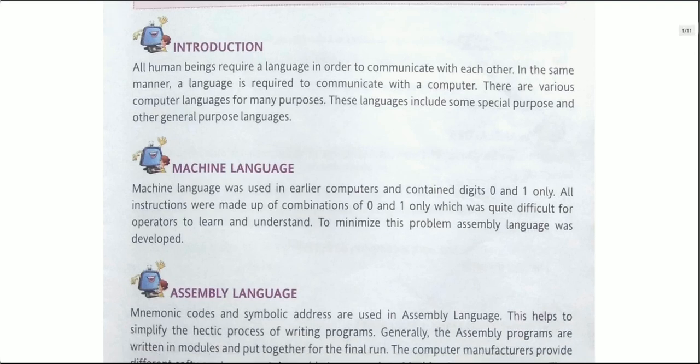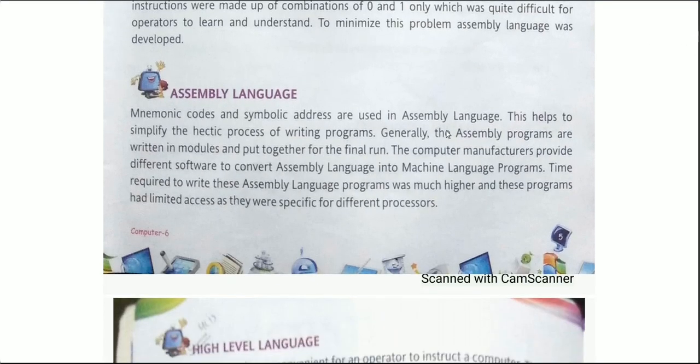Basically, what are those? Now see, mnemonic codes and symbolic addresses are used in assembly languages. Mnemonic codes means some characters of the English alphabet, like A, B, C, D, L, L, D. Basically, these characters have their own meanings that are not understood by us.